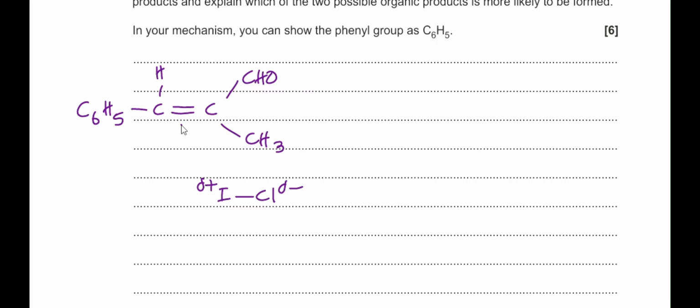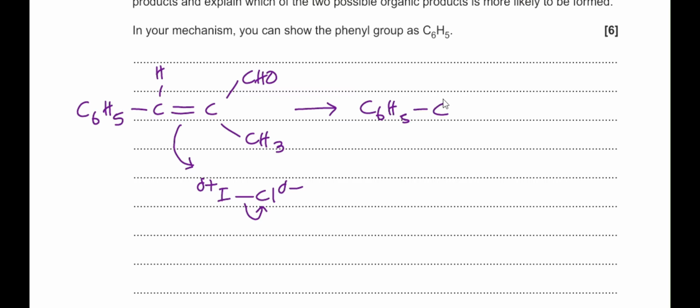The curly arrow always goes from the electron dense area to the electron deficient area or the positive charge, and then what happens to this bond is now it breaks, transferring both the electrons to this chloride ion, which becomes a heterolytic fission.